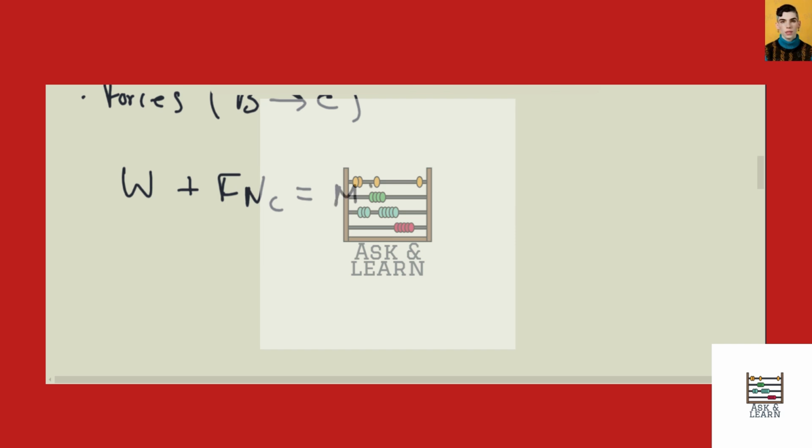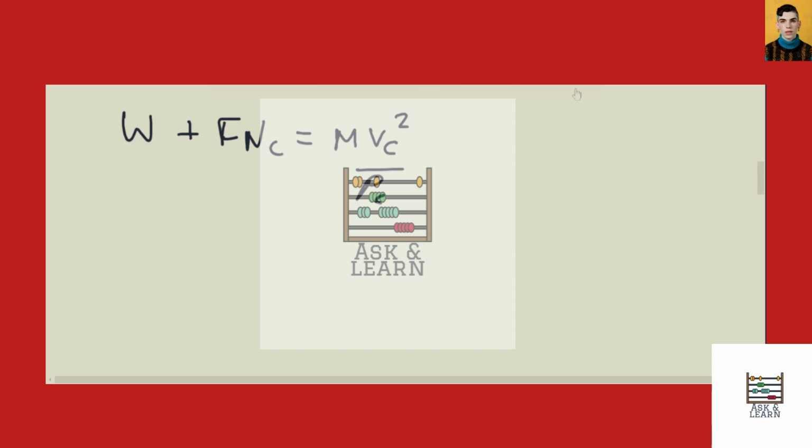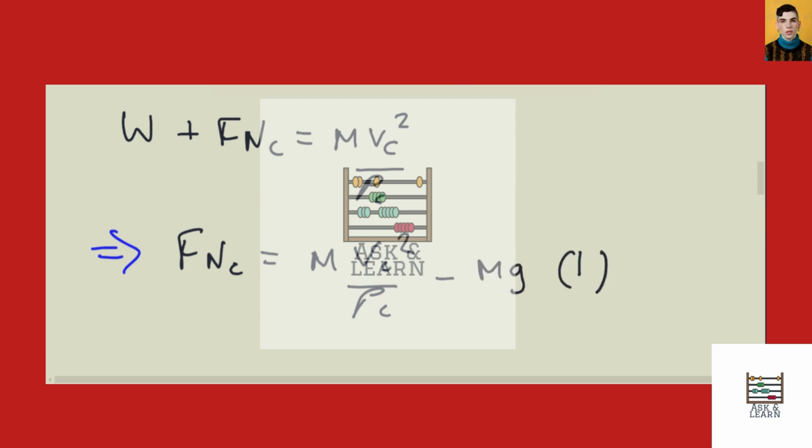Here it's centripetal acceleration, so you have v squared, and this is the velocity at C, divided by the radius of curvature at C. So solve for the normal force. So we have FNC is equal to, well, weight is mass times gravity. So you have m vC squared divided by rho C, then minus the weight, mass times gravity. We call that equation 1.